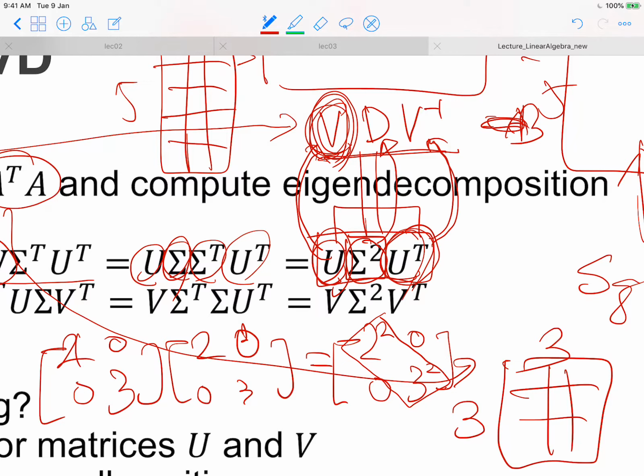Because U is an orthogonal matrix, and thus U transpose will be its inverse, right? And so this representation is automatically obtained over here.